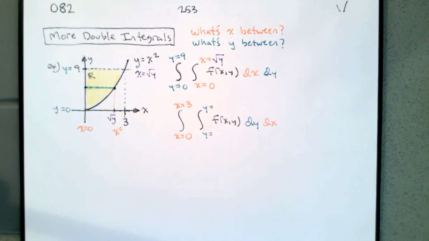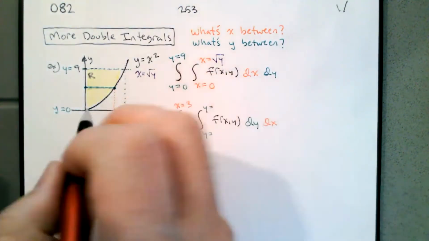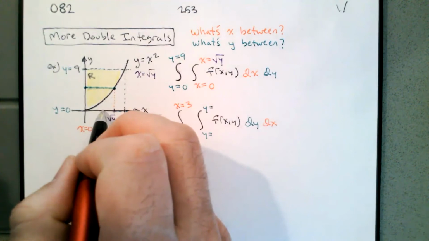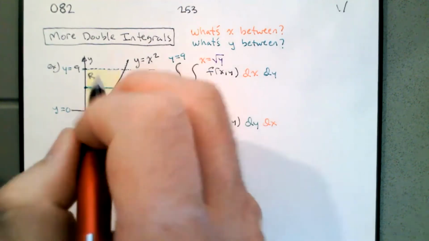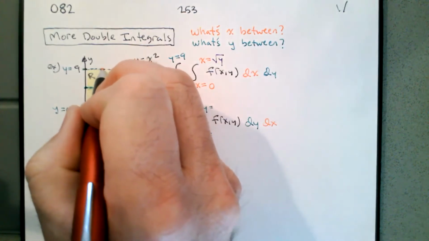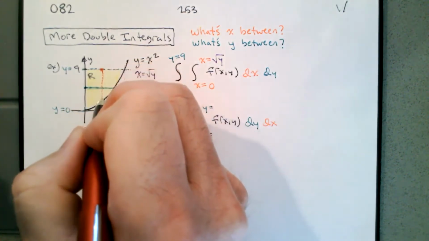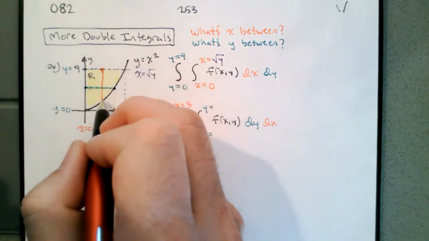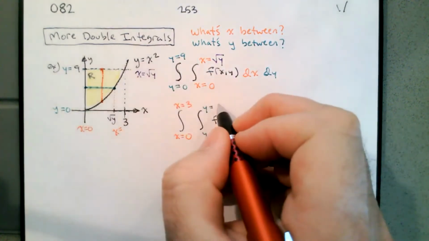We're going to get the shape from the y. So for what y is between, we'll pick a generic value of x, pick some x between 0 and 3, find the lowest y, and follow it up to the highest y. It's a little bit different than the one that we saw yesterday, where the highest y is 9.